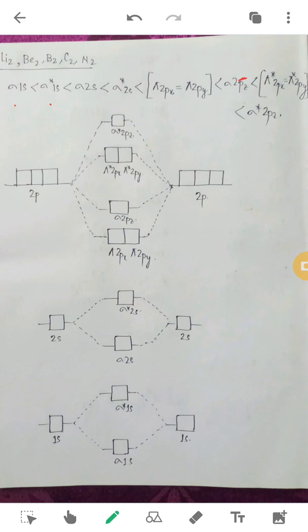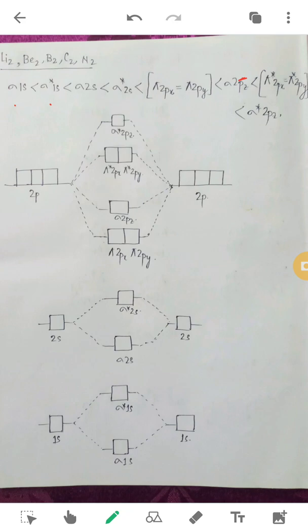In these molecules, the 2s and 2p orbitals have a slight energy difference. Due to this slight energy difference, repulsive interactions come into play, due to which sigma 2pz is raised in energy.